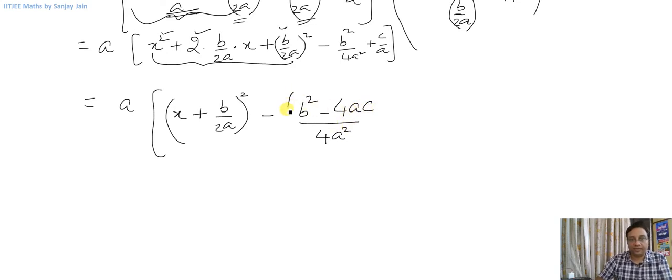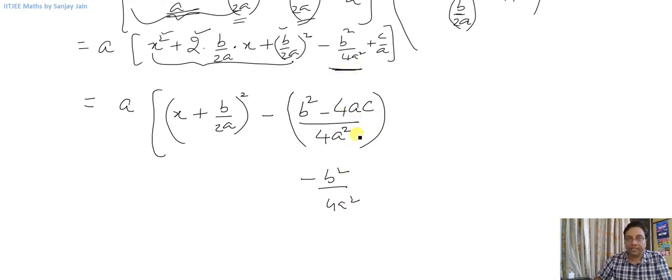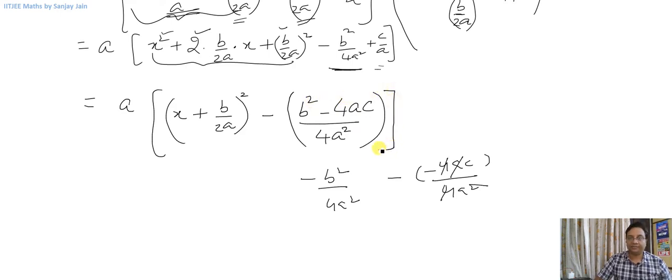Now I can enclose it in a bracket because when I open it, this negative into minus b square by 4a square will give me my first term, and minus of minus 4ac by 4a square will give me my second term, that is c by a. So I have still not changed anything. I have just rewritten the expression.